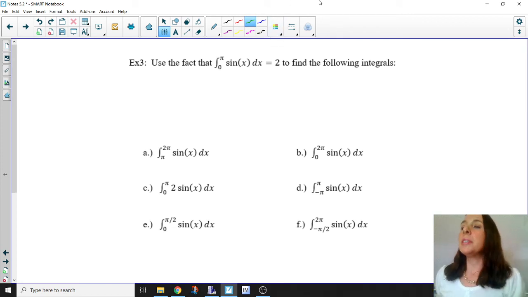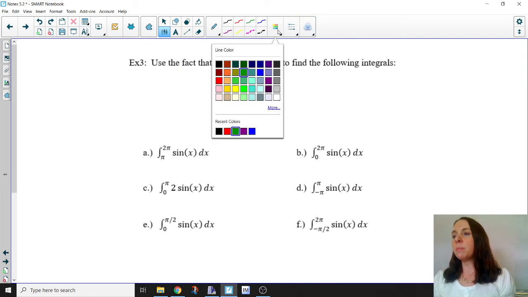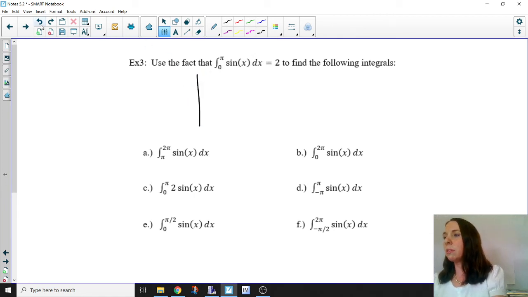Okay, for example 3, we are going to use the fact that the integral from 0 to pi of sine of x dx is equal to 2 to find the answers to these other integrals. So you have some space here because I think it would be a good idea to draw the sine wave. Put it here more in the middle.